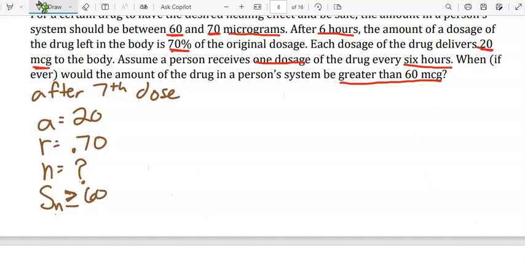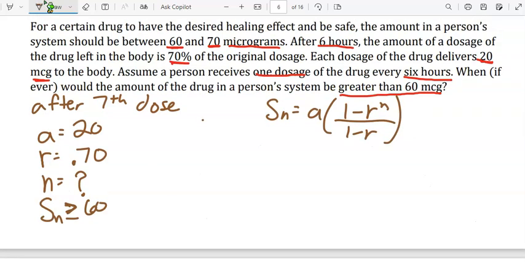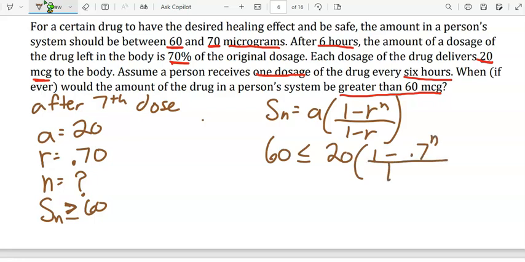First, we'll write the formula. We'll plug in our values and solve for the unknown. So 60 is going to be less than or equal to 20 times (1 minus 0.7 to the nth power) all over 1 minus 0.7.